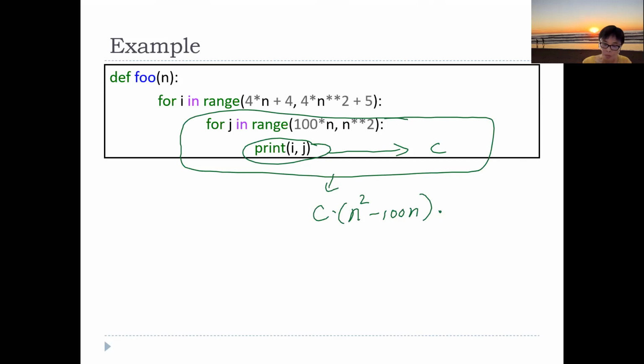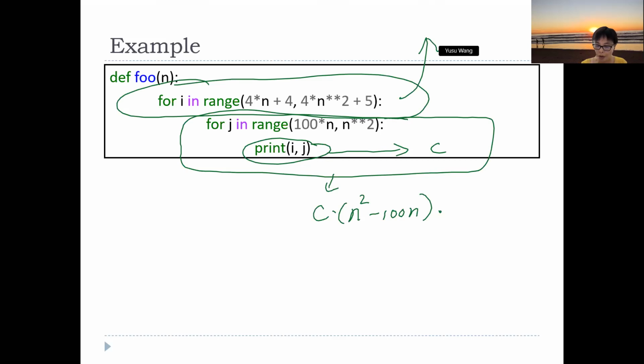Then the outer loop: how many iterations does it run? Well, it runs 4n squared plus 5 minus 4m minus 4, which is 4n squared minus 4m plus 1. So that's how many iterations of the outer loop.